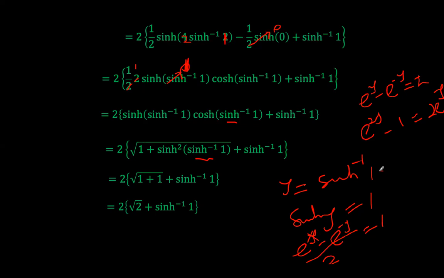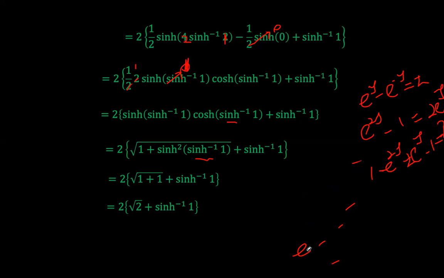And so e to the power 2y minus 2 e to the power y minus 1 is equal to 0. Okay. We can erase this just so that we can get things on a clear footing.